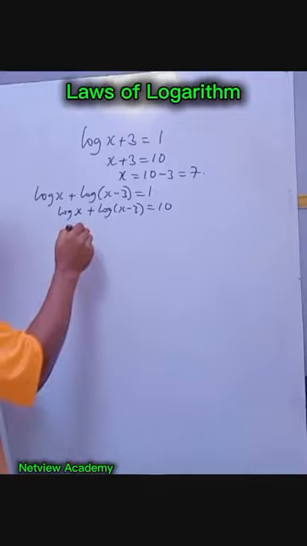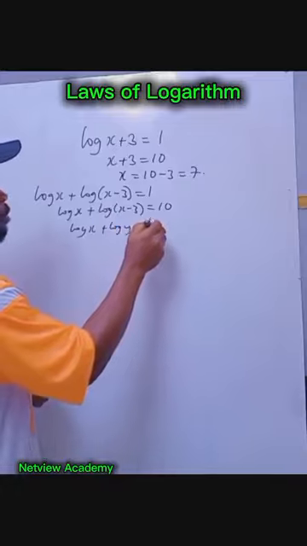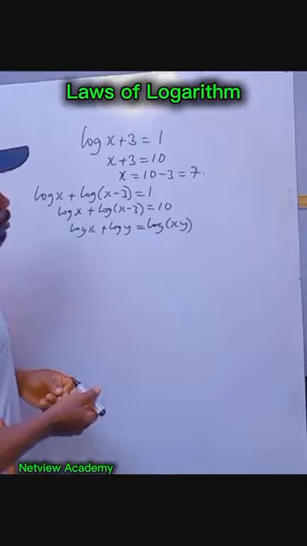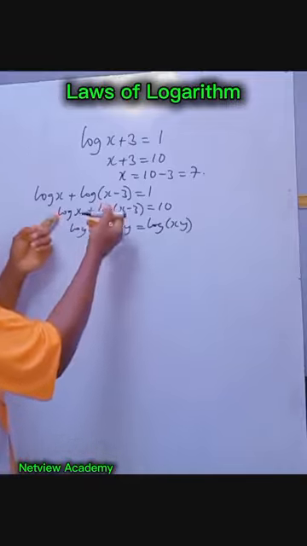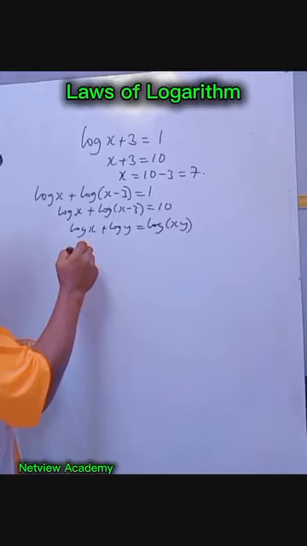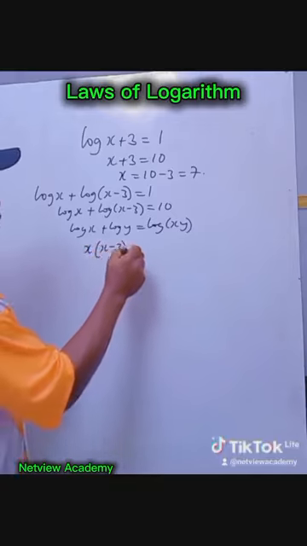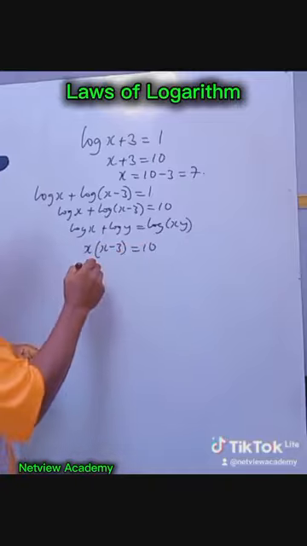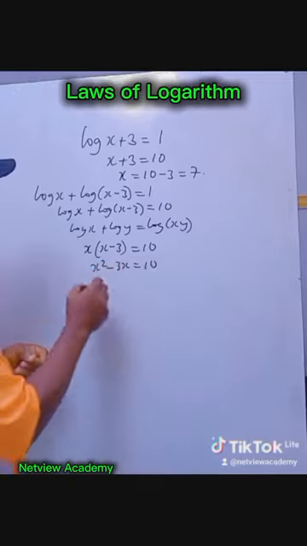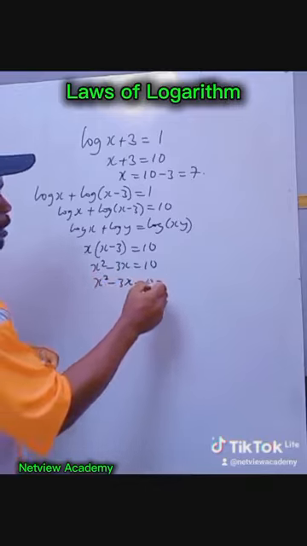Recall that log x plus log y is equal to log xy, the product law. So I'm going to apply the law here. Therefore, this expression will now become x multiplied by x minus 3 is equal to 10. And this is the same thing as x squared minus 3x is equal to 10. This expression is the same as x squared minus 3x minus 10 is equal to 0.